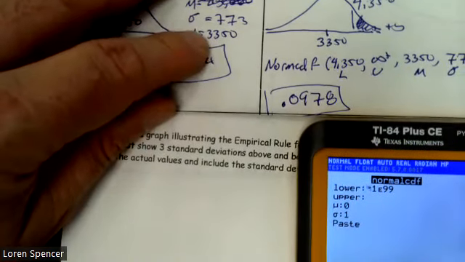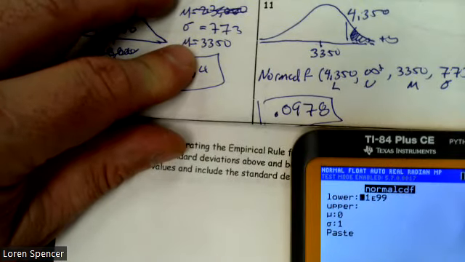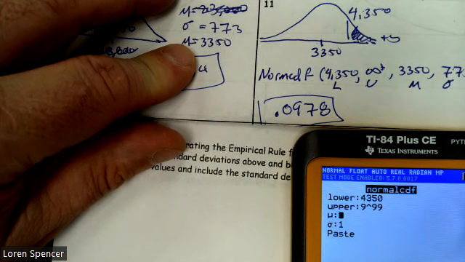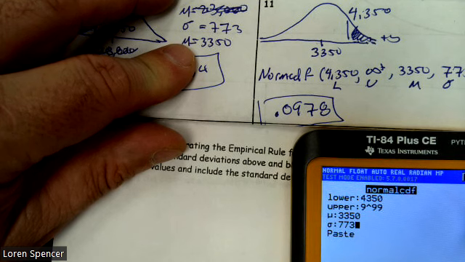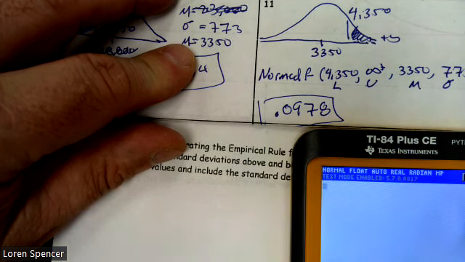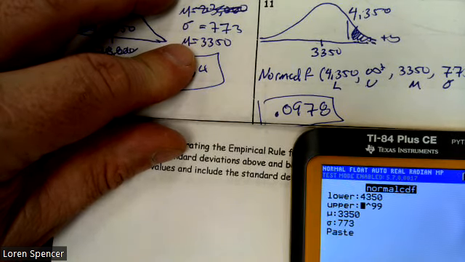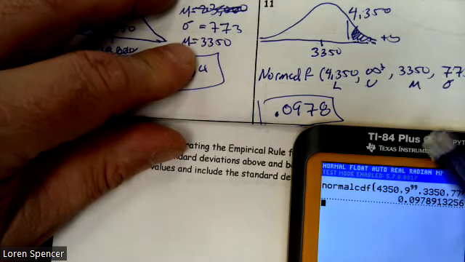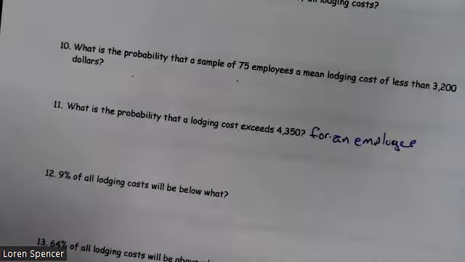I just want to run it one more time to make sure that we actually did this right. The lower bound was 4350. The upper bound was 9 to the 99th power. The mean was 3350 and the standard deviation was 773. Yes, we did 0.0978. All right, number 11 is good.